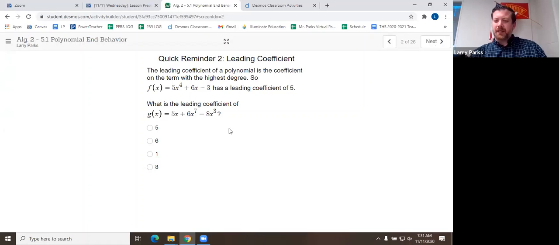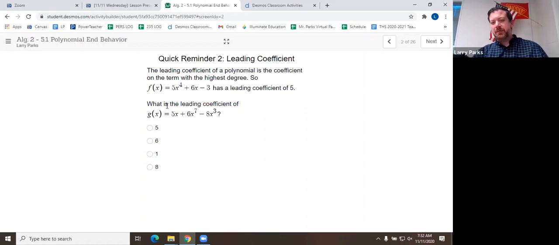Also, there's something called the leading coefficient, and it's the number that's in front of the highest degree. So for example, the degree of this function is 4, and I would say the leading coefficient is 5 because 5 is the number in front, okay?